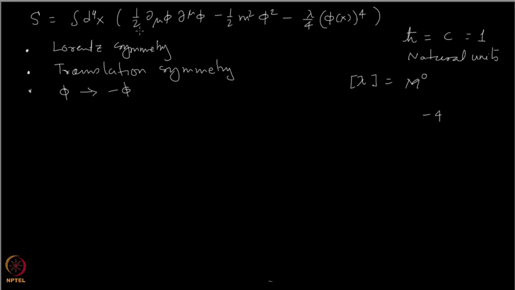So this entire operator has dimension 4. Actually all of them will have dimension 4, because this is minus 4, so each of them has to be 4, so that S comes out to be dimensionless. The action will be dimensionless in these units. So once you know that phi is dimension 1, so this is dimension 4, and that is minus 4, it already makes 0. So lambda has to be dimensionless, and that's why you have dimension 0. It's a dimensionless parameter.